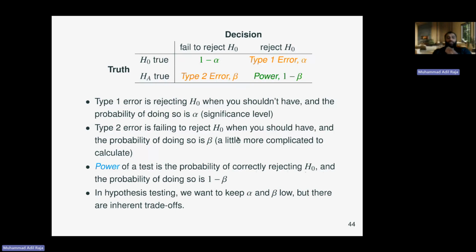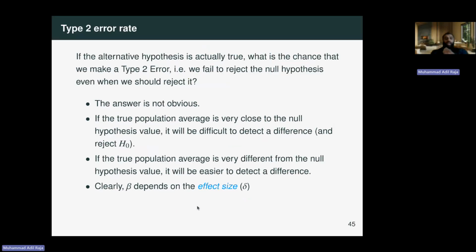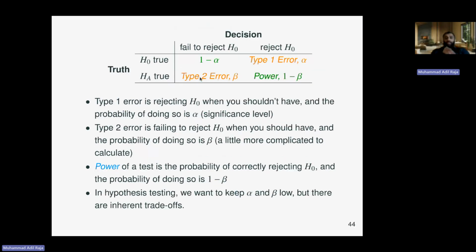In hypothesis testing, we keep alpha and beta low, but there are inherent trade-offs. Okay, we might come back to this later on. Just remember the type 2 error: the alternative hypothesis is true and we fail to reject the null hypothesis.